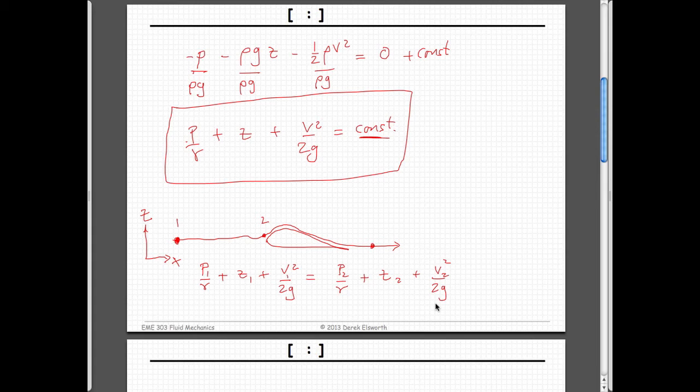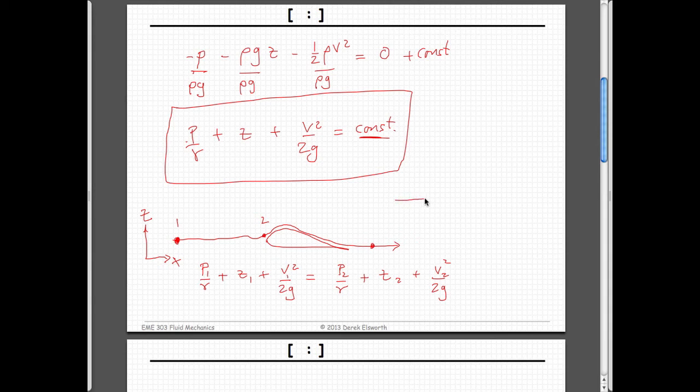And so we have 6 unknowns in this, and we hope that we can write it so that we have 5 of them known and only 1 of them unknown. That's basically our interest. And so in this particular case, let's do it with a slightly different example.